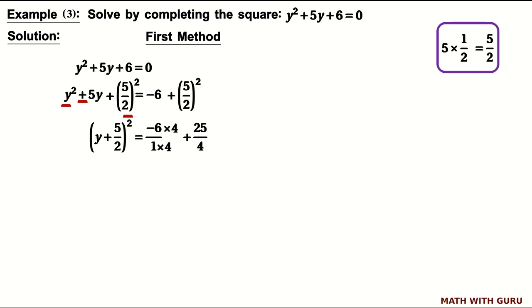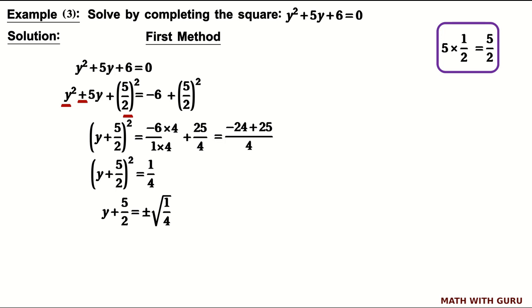We get (minus 24 plus 25) whole divided by 4. (y plus 5 by 2) whole squared equals 1 by 4. y plus 5 by 2 equals plus or minus root of 1 by 4. y plus 5 by 2 equals plus or minus 1 over 2.